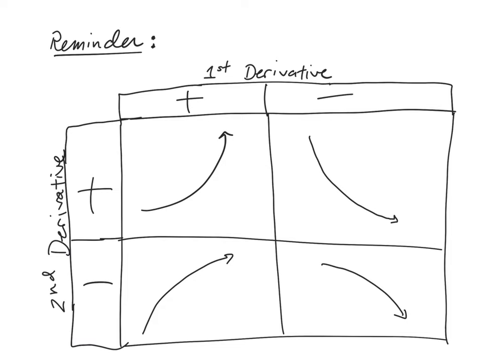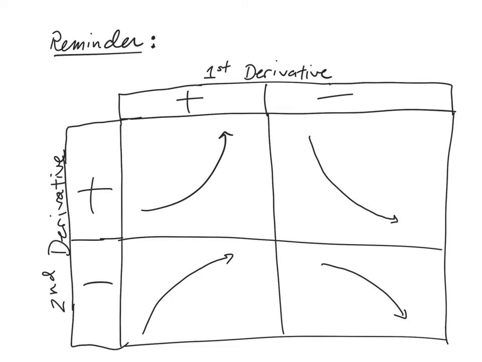So as a reminder, before we hop into some examples, if the first derivative is positive, that means the original function is increasing, and that is a left to right movement. And if the first derivative is negative, then the function is decreasing from left to right. Now you can see here that there are two different versions of a first derivative increasing.